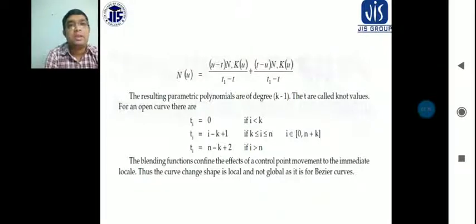The resulting parametric polynomials are of degree k minus 1, and the knot values are found.